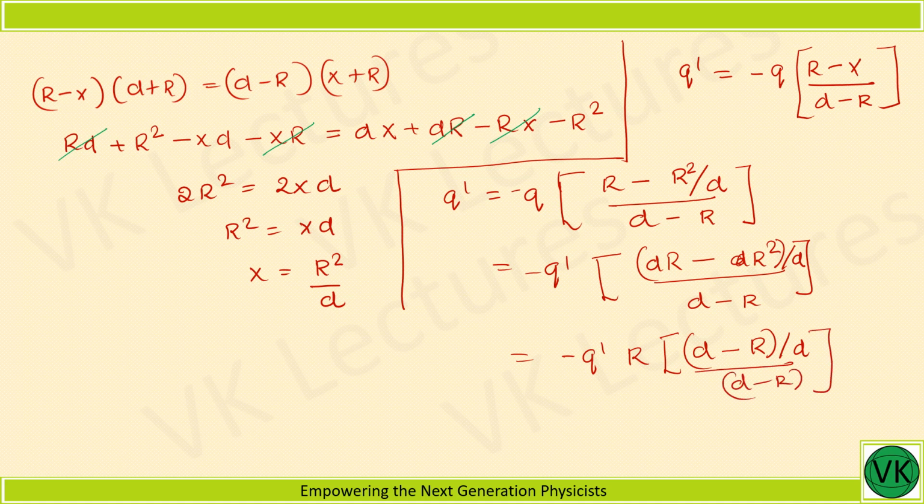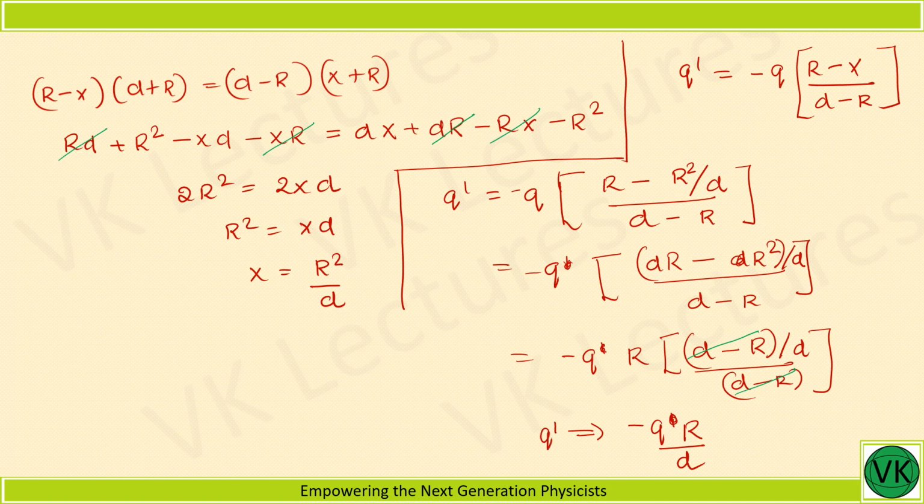So d minus r gets cancelled. So this becomes minus q, sorry, not q dash, minus q r by d, because d minus r and d minus r get cancelled. So that's equal to q dash.